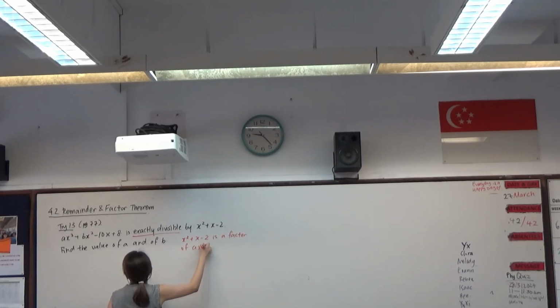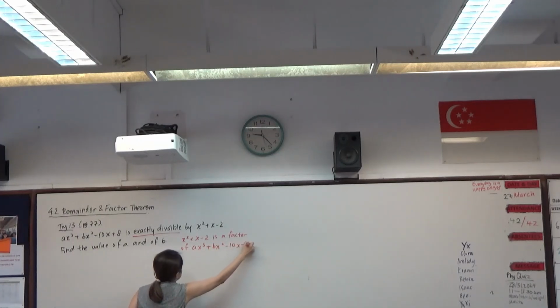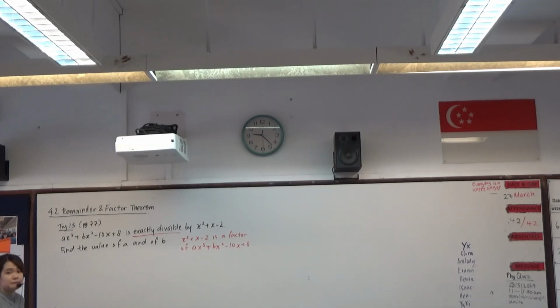Factor of the dividend. So they are similar in meaning, right? You must know what exactly divisible means. Now, by knowing that it is exactly divisible, what we learned is that the remainder will become 0 upon substituting a suitable x value, right?